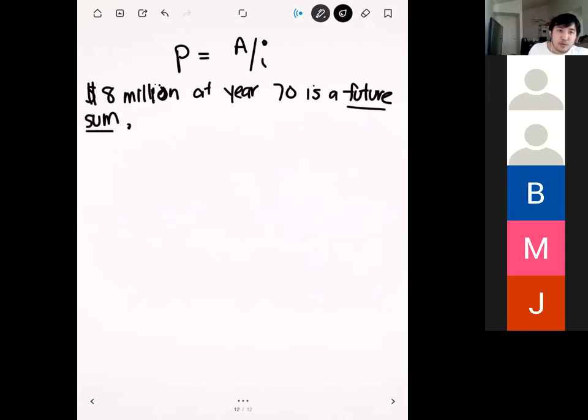And so because it's a future sum, we can't just directly apply it into this formula. So the first thing we need to do is convert that future sum into a uniform series.